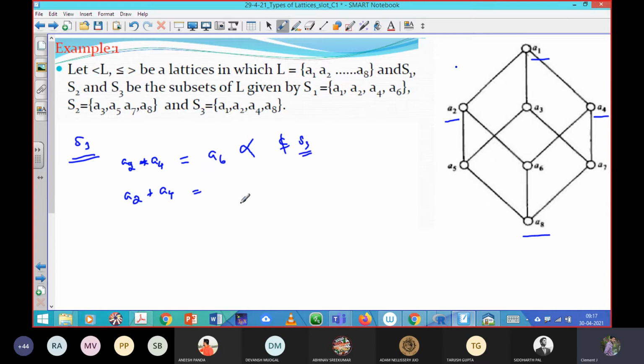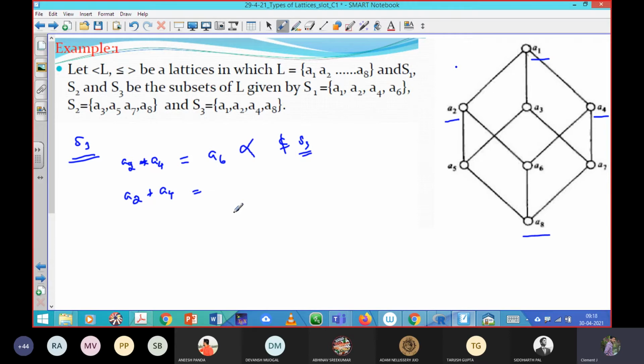So here itself you can conclude the answer by providing only one counter example. That is more than enough. If it is a sublattice, you need to show at least two or three pairs, depending on how many elements are there in the subset, because totally four elements are there.